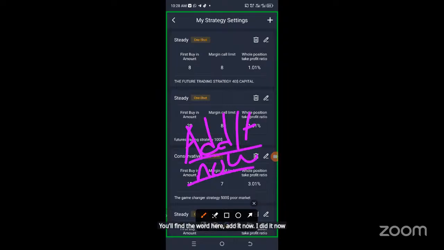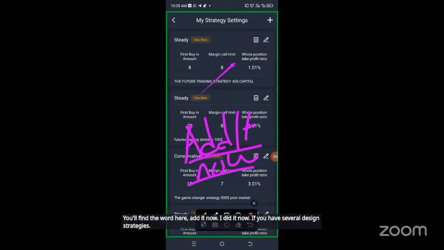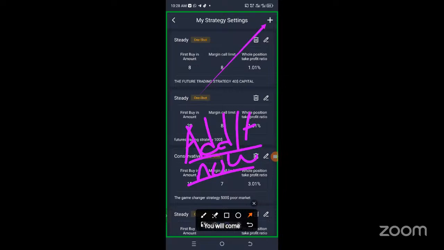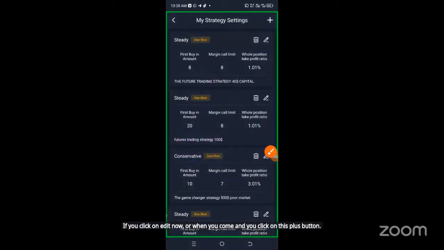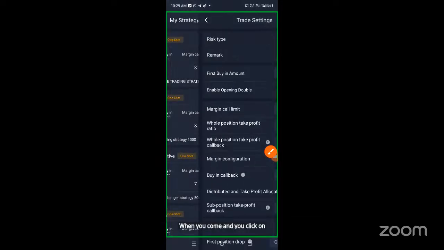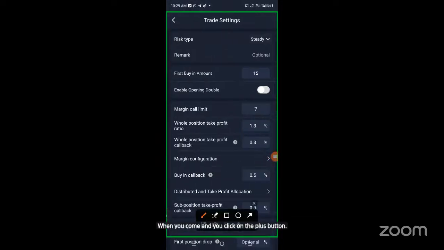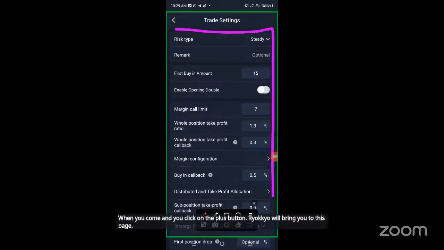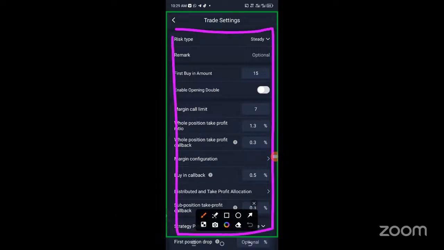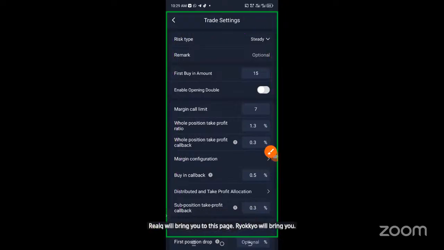If you have saved some strategies, you will click on that plus sign. So if you click on "Add it now", or when you click on this plus button, RoyalQ will bring you to this page.